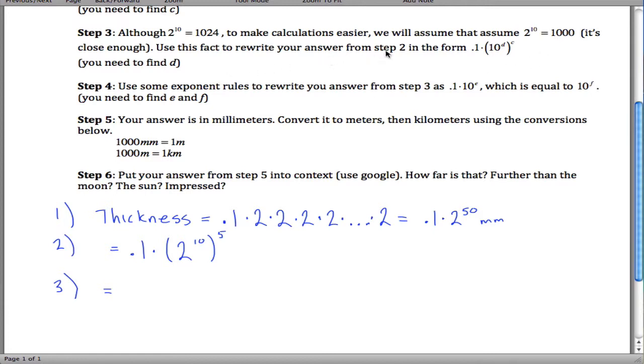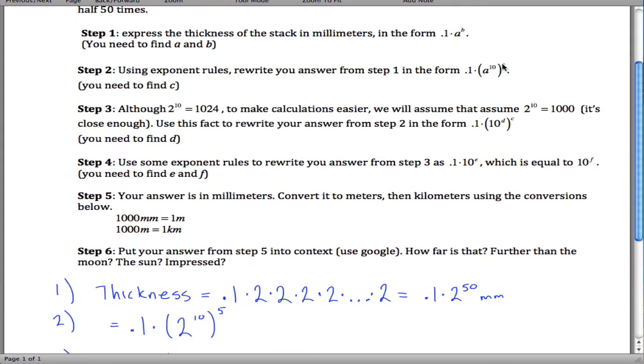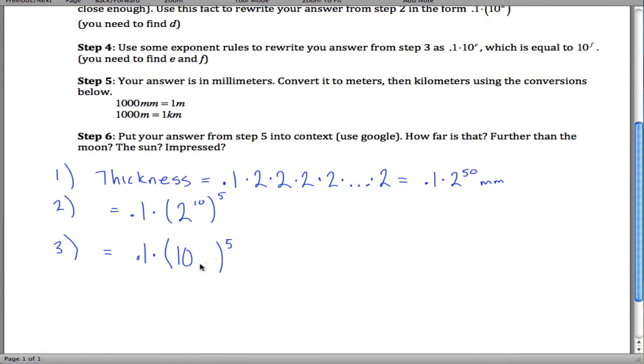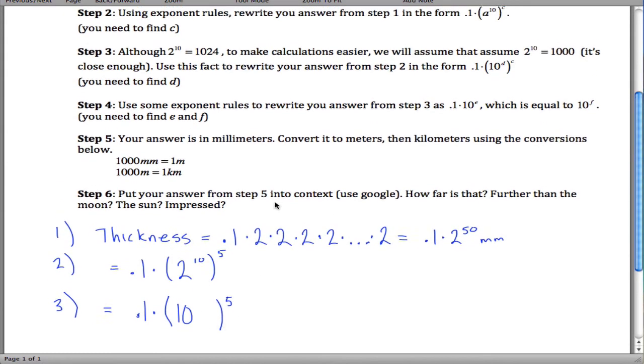Use this fact to rewrite your answer from step 2 in the form 0.1 times 10 raised to some power, raised to the 5th, because C, we figured out in step 2, was 5. So, 10 to what power is the same as 2 to the 10th power? I can get that from this little hint. It says assume 2 to the 10th power is 1,000, and 1,000 is the same as 10 to the 3rd power. So this is 10 to the 3rd to the 5th.